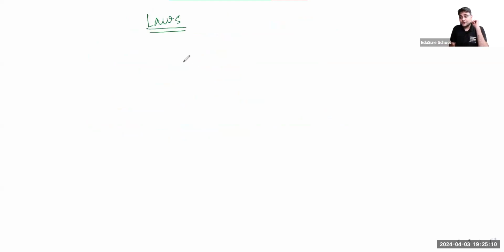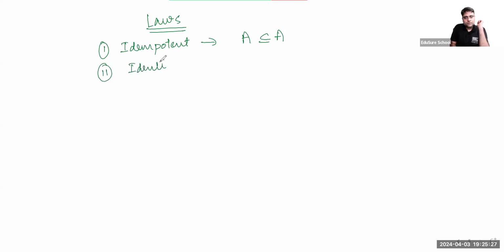Some important laws. Sets are idempotent. What is idempotent? Every set is a subset of itself. Identity, commutative, these are all aspects that are included into idempotent.